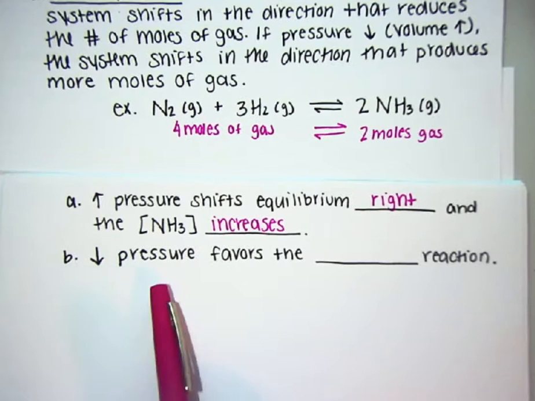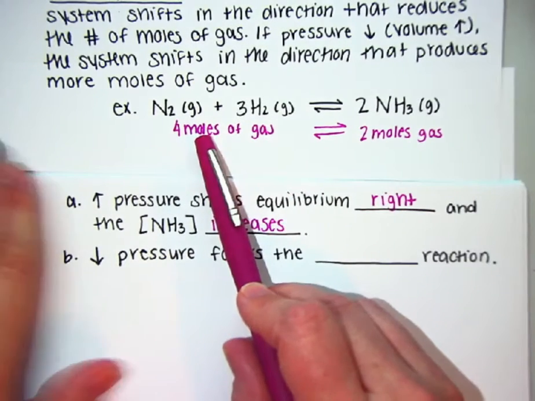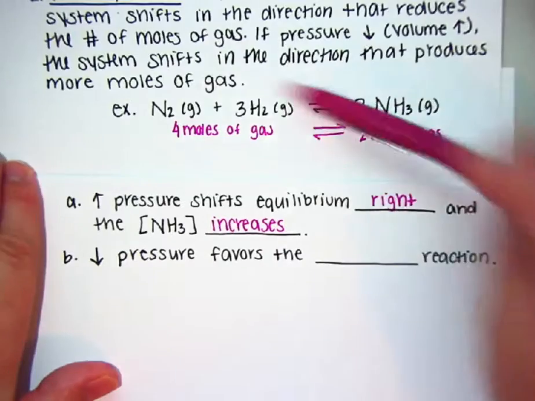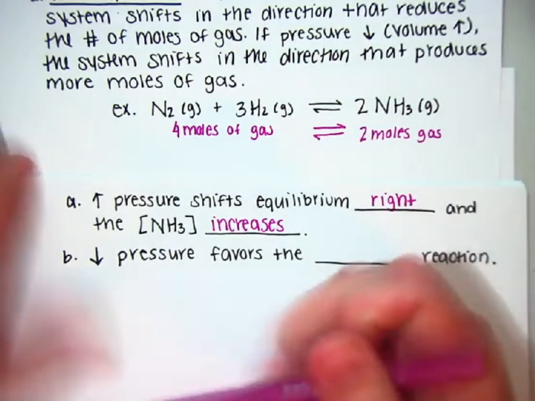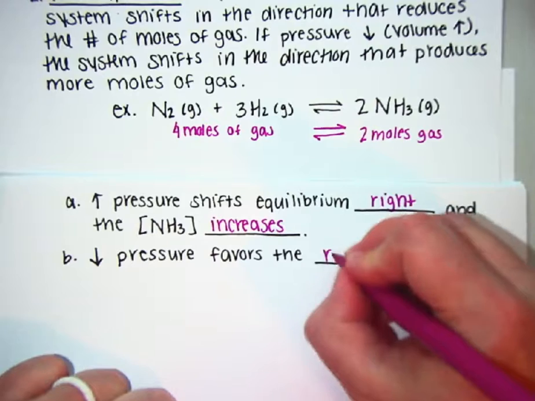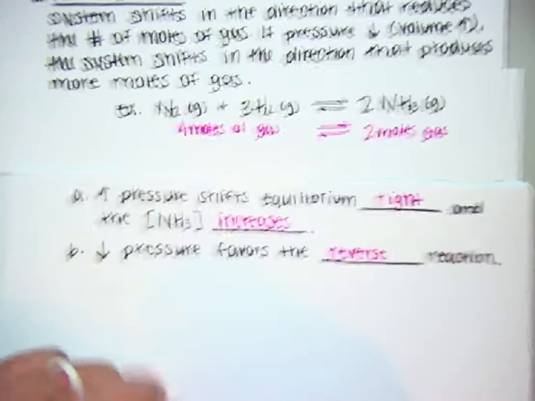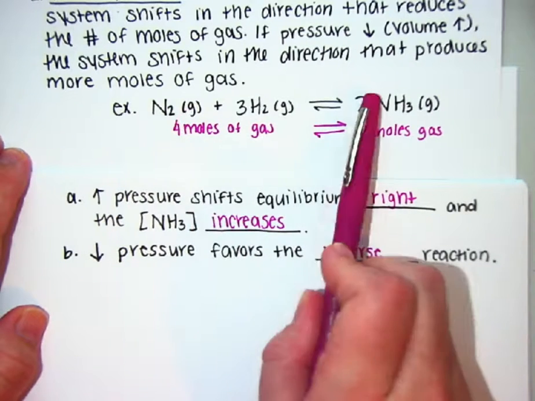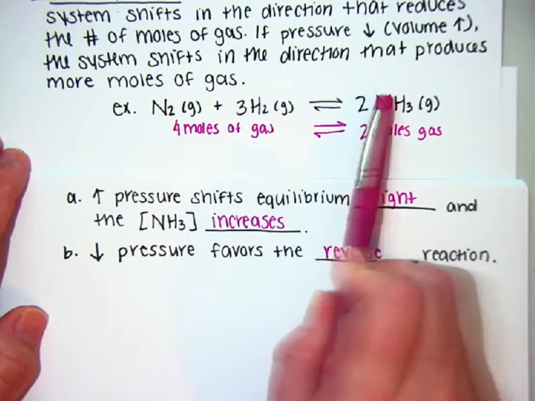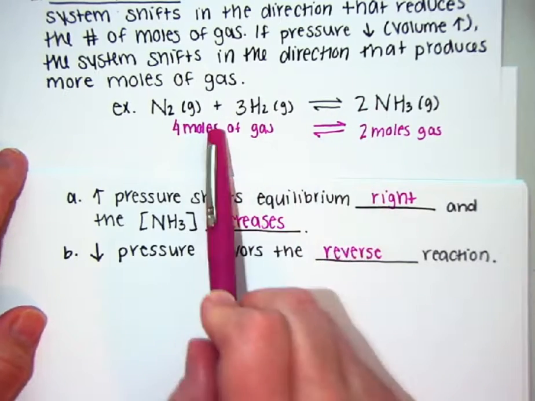If I increase the volume, I have more space. It's going to shift to the side with more moles of gas. So now it's shifting this way, which is going to be the reverse reaction. So when the reaction shifts to the right, it's going forward. When it shifts back to the left, it is reverse.